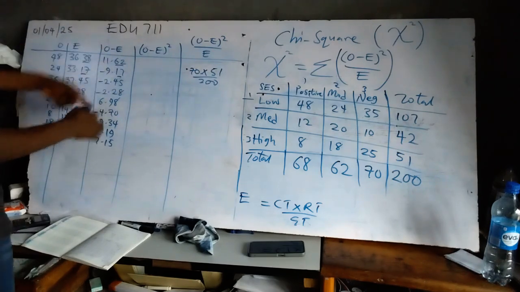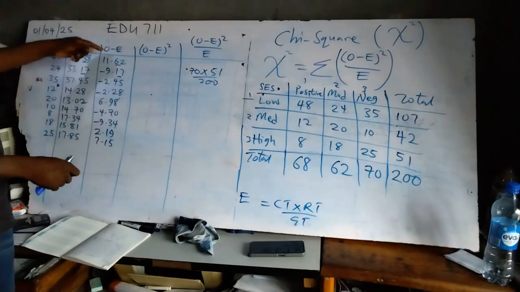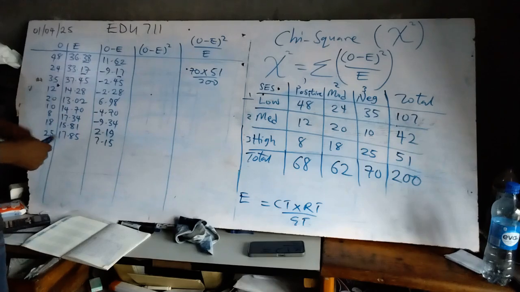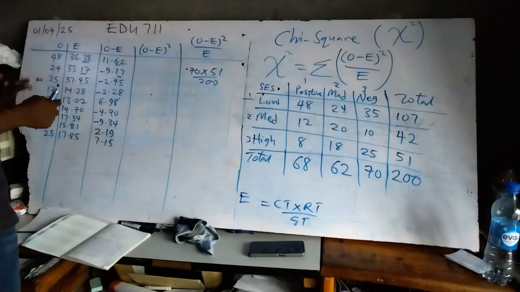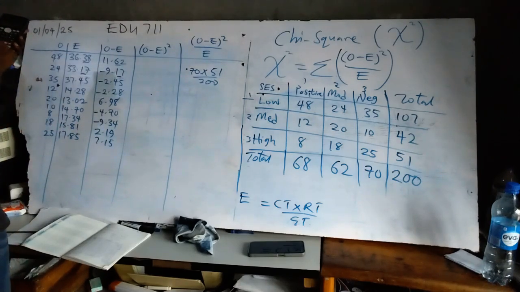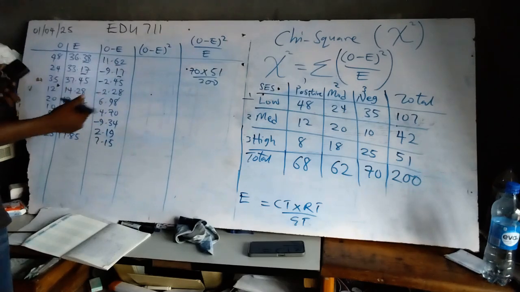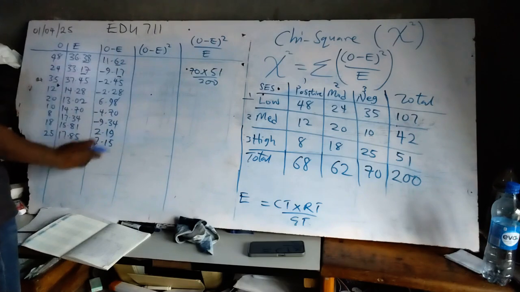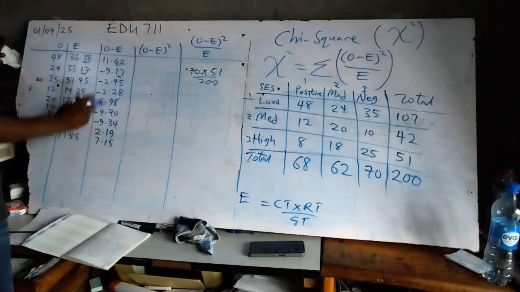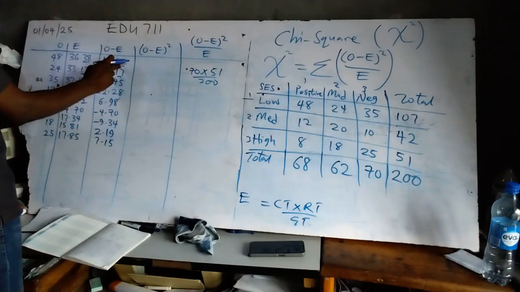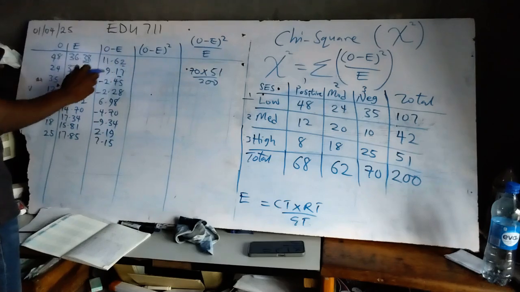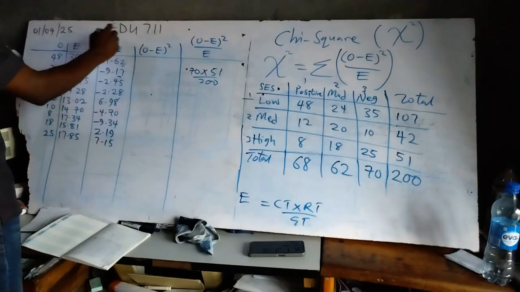So now we have to square this. The square of this, 11.62. 11.62 squared equals, so like I said in the previous lessons, when you are squaring numbers like this, take the square of the last digit. This is 2 raised to power 2, which is 4.